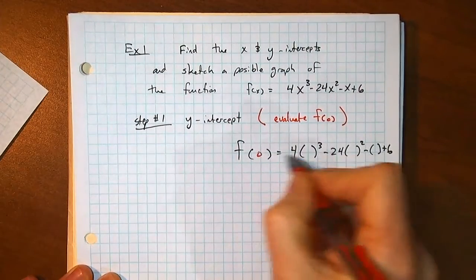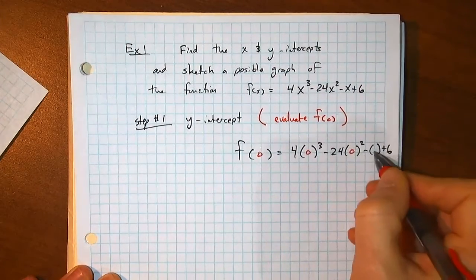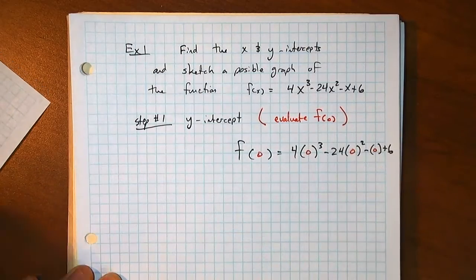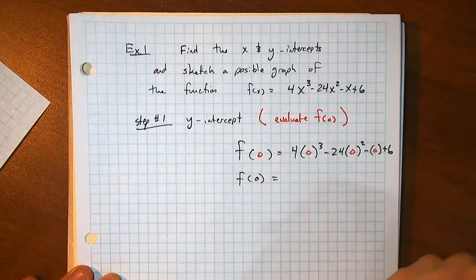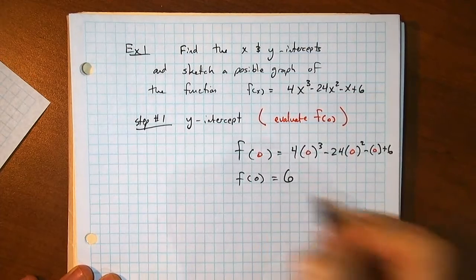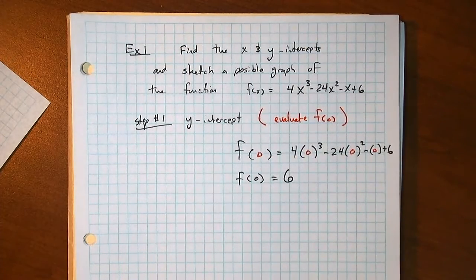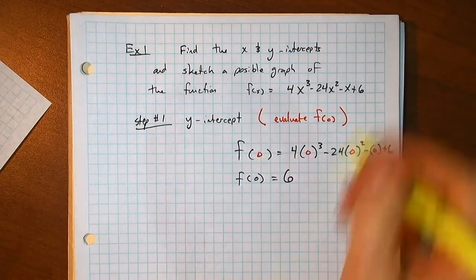When you multiply things by 0, you get 0. When you add and subtract things with 0, you just get the other thing. And so that ends up being our answer. It just ends up being the number that was at the end.